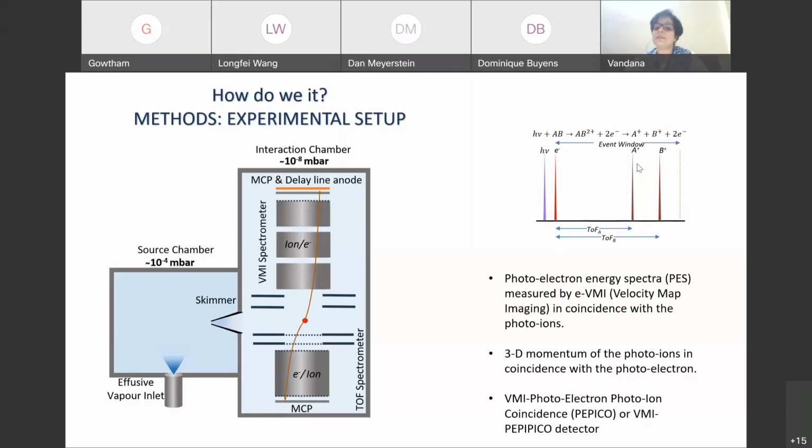And when I plot the time of flight of A+ and B+, I will know that this molecule AB has fragmented into A+ and B+ ions. And if, let's say, this is A++ and B+, then also I can easily figure out with the time of flight that the breakup has happened as A++ and B+.